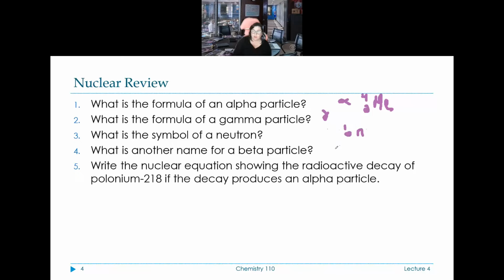Okay. What's another name for a beta particle? Well, another name for a beta is an electron, which we write as e minus. We can also write that as -1,0 e.